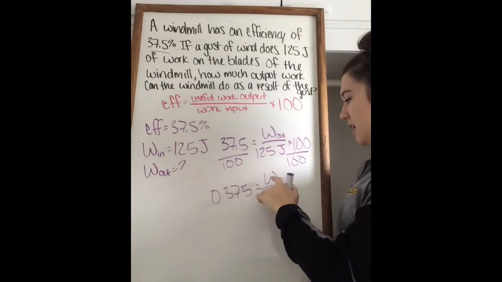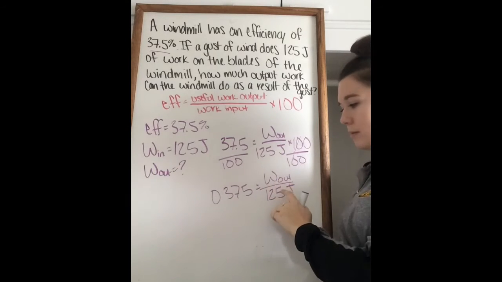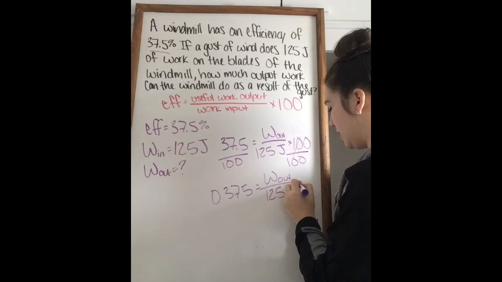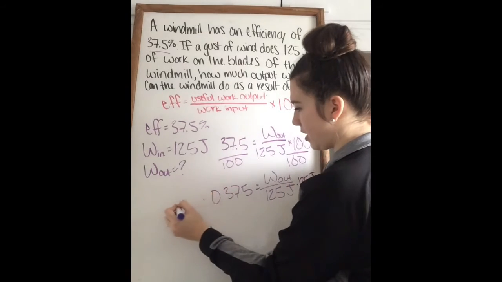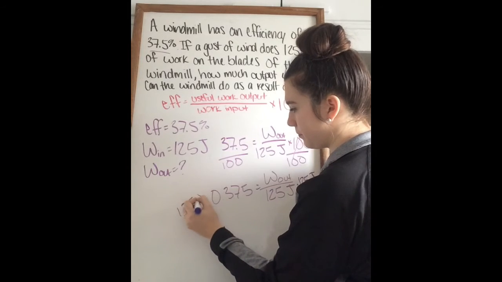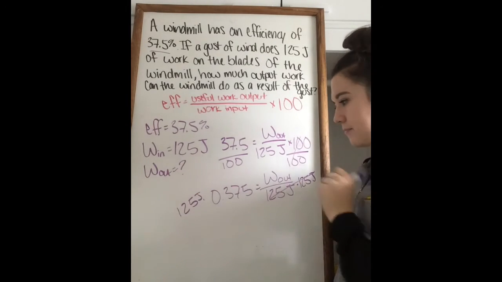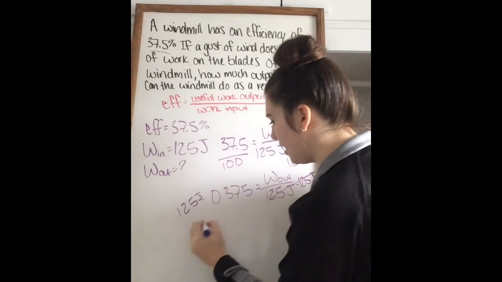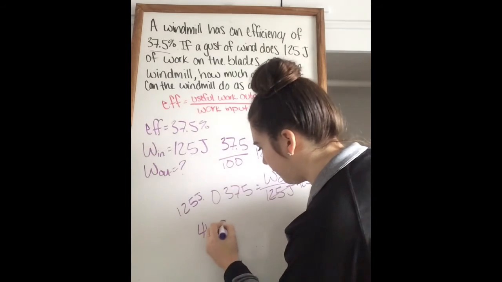Okay, now I'm dividing over here, right? I want to get this work output by itself, so I'm dividing by 125 joules, so I have to do the opposite, which means I need to multiply both sides by 125 joules. Okay, that's going to cancel out to be 1. 125 times 0.375 ends up with 46.875.